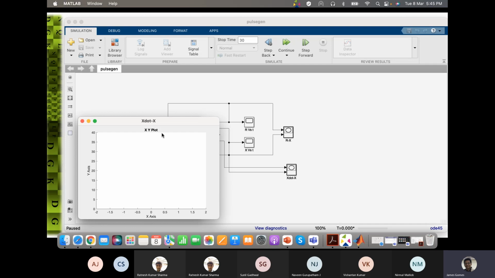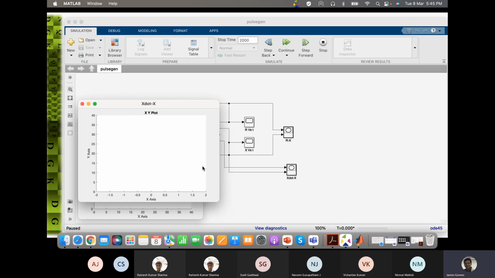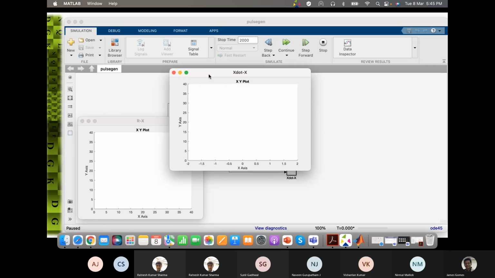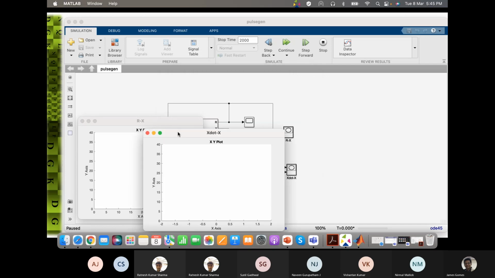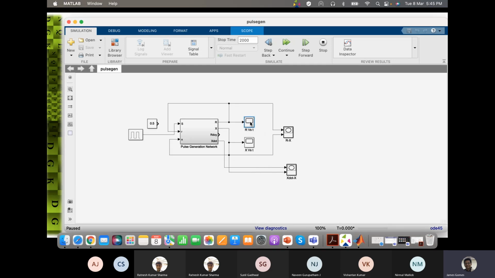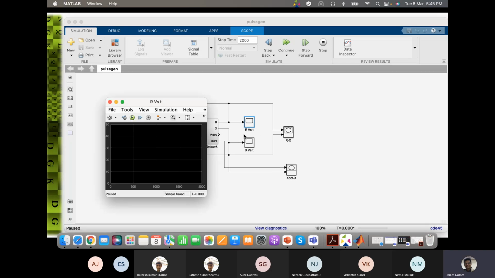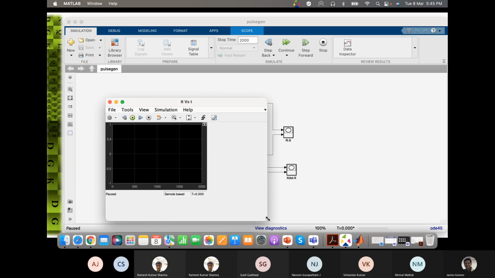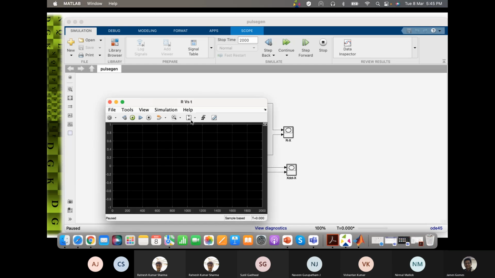There's a plot of x dot versus x, but it's not showing up. Let me look at this one. It is linked and working here. I don't know why it's not showing up.